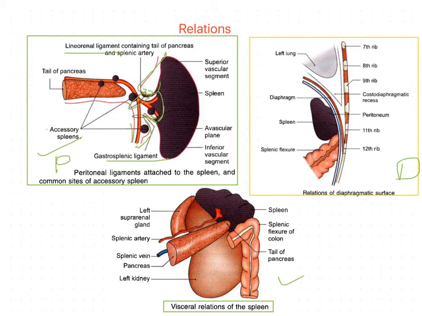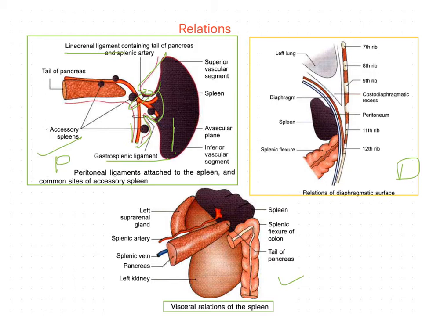Another ligament related to the spleen is the phrenicocolic ligament. This ligament is not attached to the spleen but supports the anterior end of the spleen.